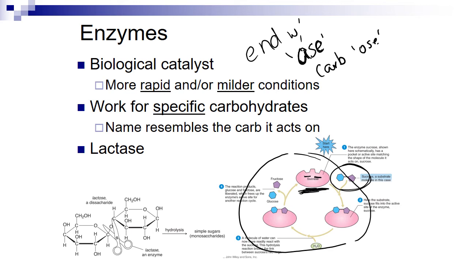So what happens if you are lactose intolerant? What happens if you don't have enough lactase in your body? Well, if you don't have enough lactase, that means the lactose can't be broken down. It's not hydrolyzed. It can't be absorbed. It passes into your intestines, and there it'll ferment into what's called lactic acid.